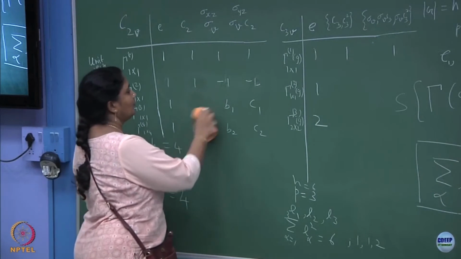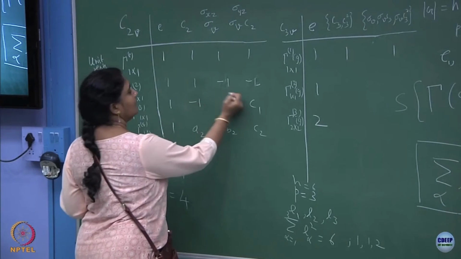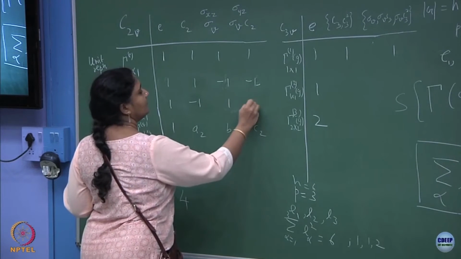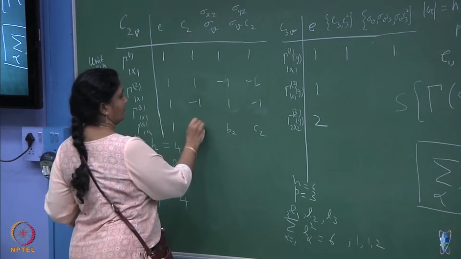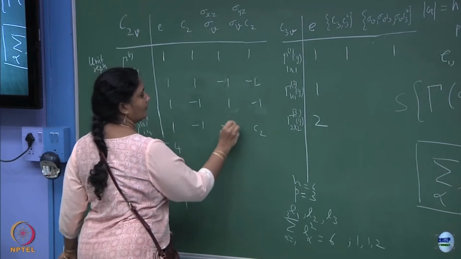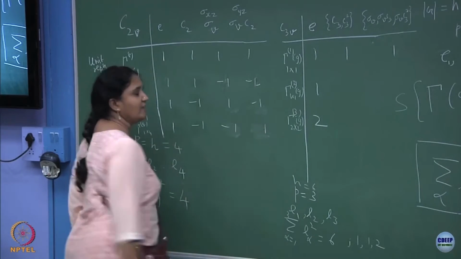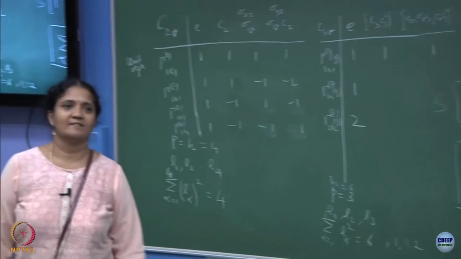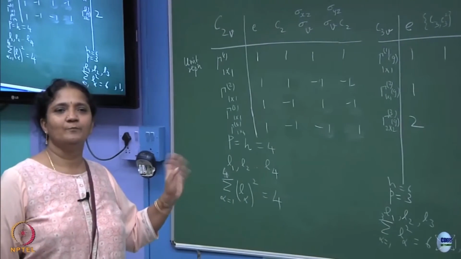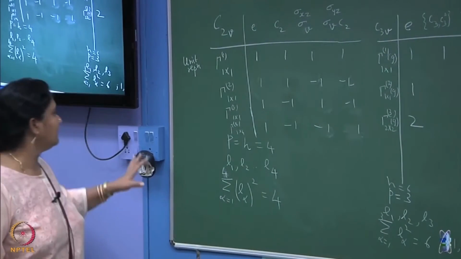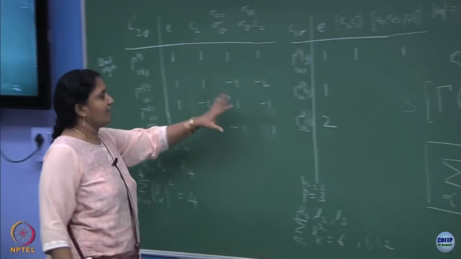Here also I could put minus 1 and make one of them to be minus 1. Any other possibility I have missed out? These are the only non-trivial possibilities I can have, right.